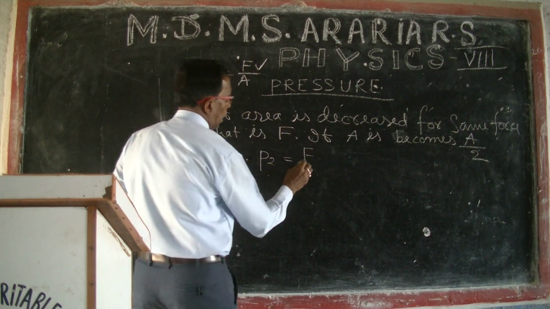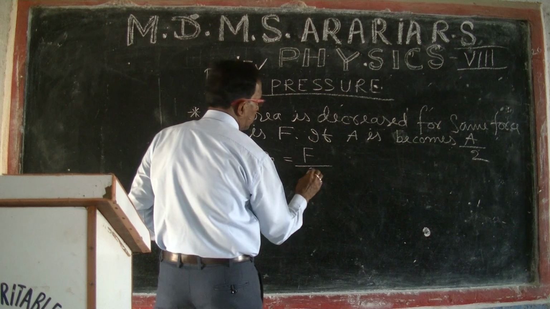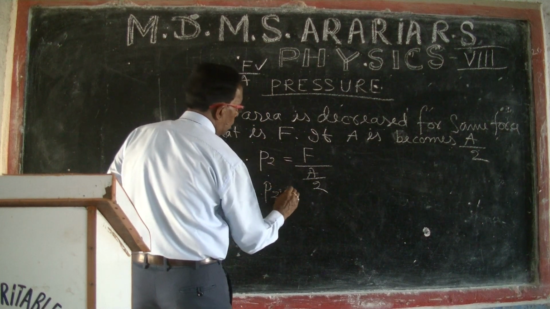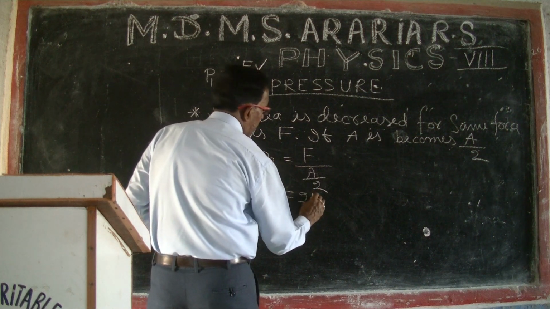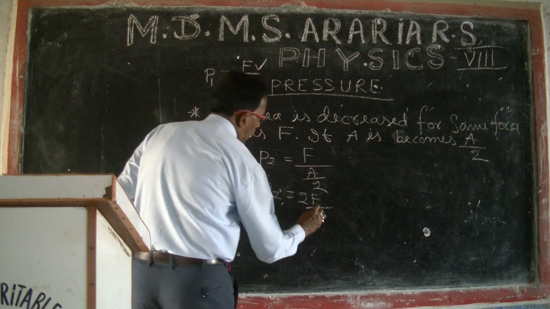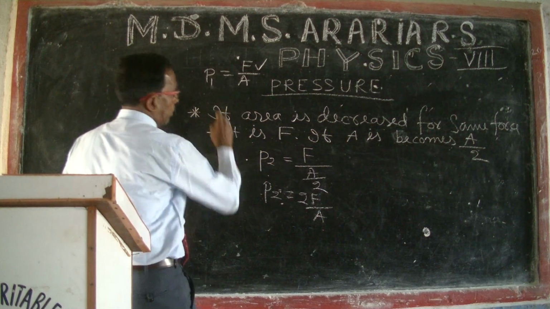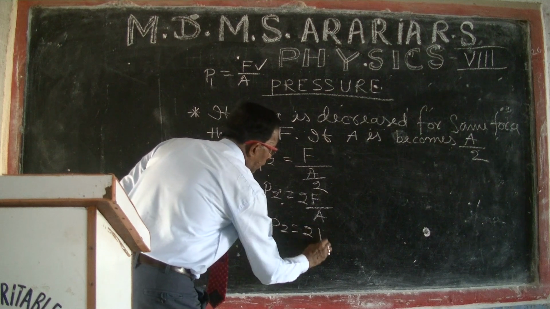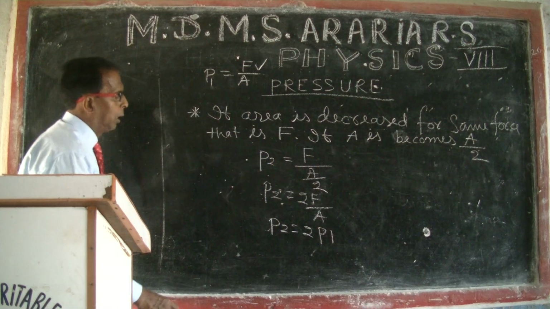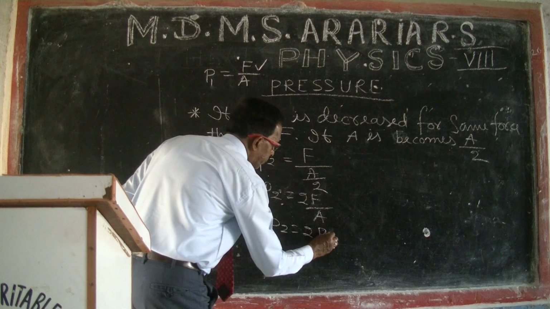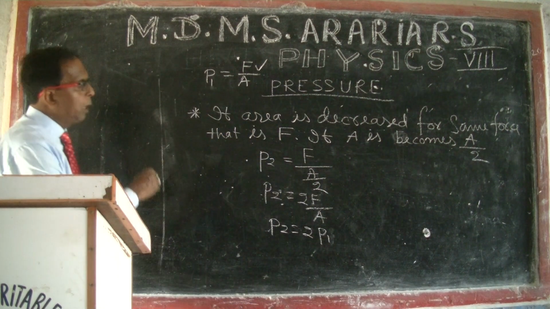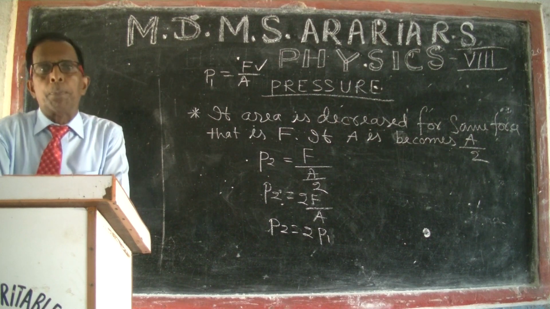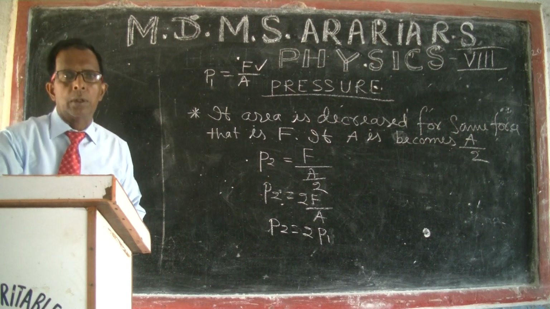Force is the same and area is A by 2. Therefore, P2 is equal to 2F by A, and F by A is equal to P1. Therefore, P2 is equal to 2P1. It means if the area is decreased by half, the pressure is doubled.